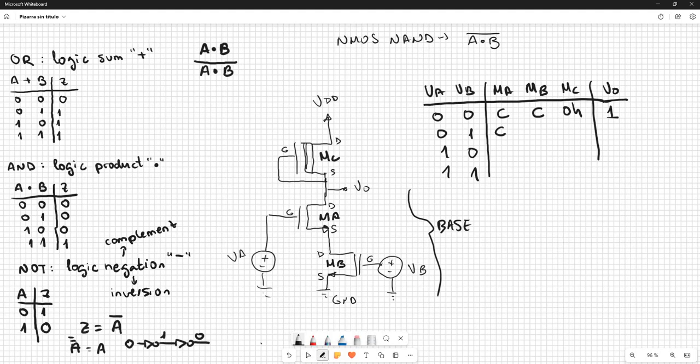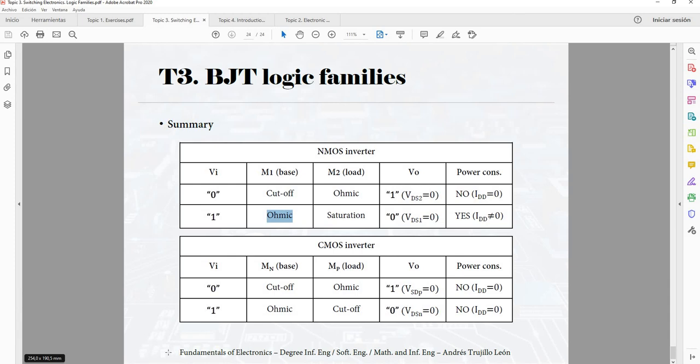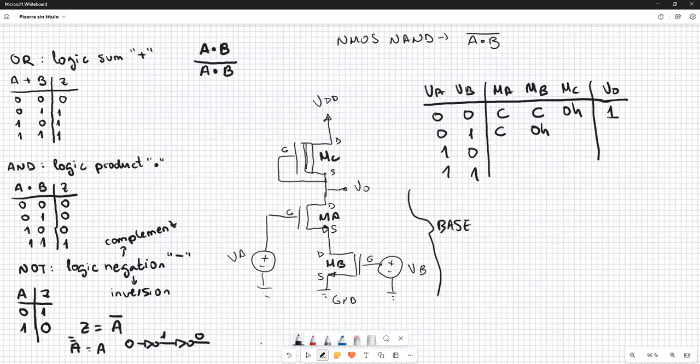So the other transistor is going to be in ohmic as well. Why? I'm going to explain why.